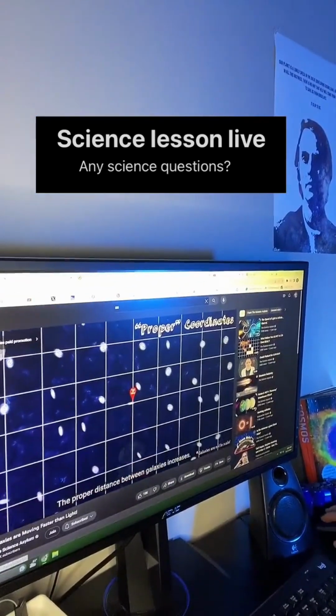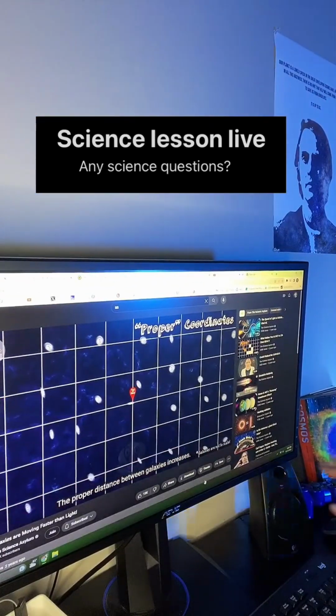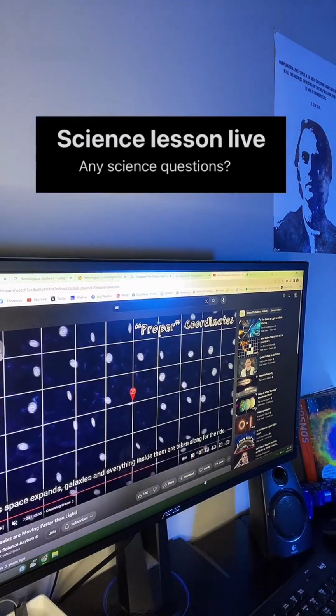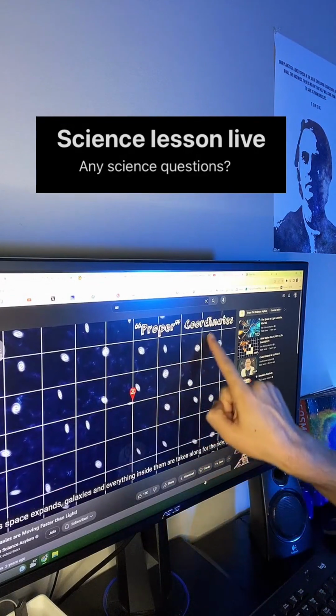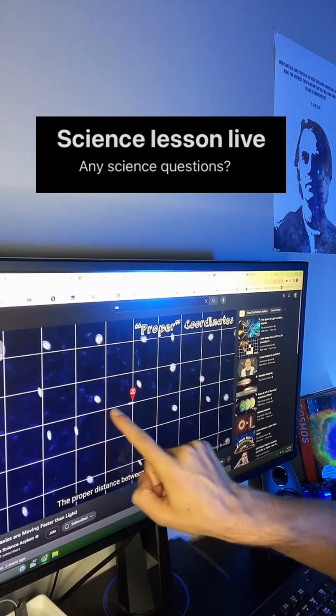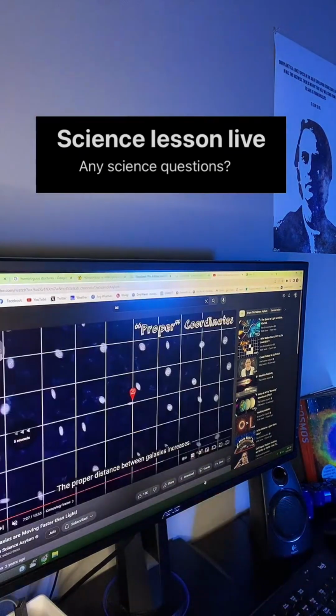Here's a better visual of it. So you can see everything is just expanding away from each other. The stuff closer is expanding slower than the stuff on the outside, right?